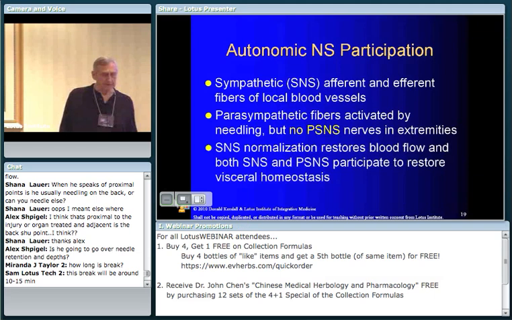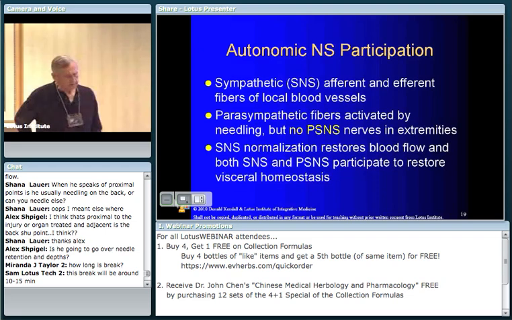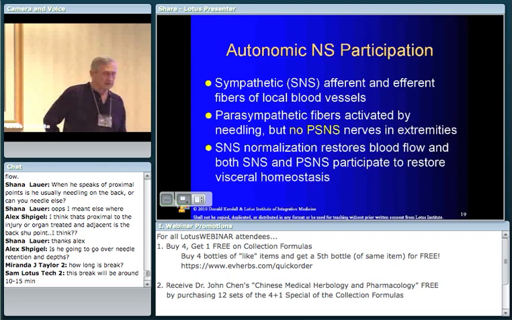Of course, the big thing is autonomic nervous system participation. Mainly initially is the sympathetic nervous system with afferent and efferent fibers of the local blood vessels. Parasympathetic fibers are activated by needling, but there are no parasympathetic nerve fibers in extremities.